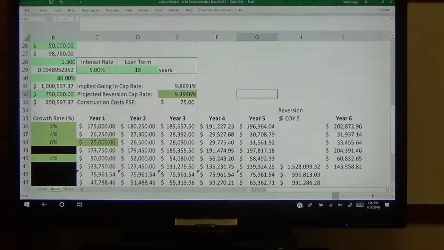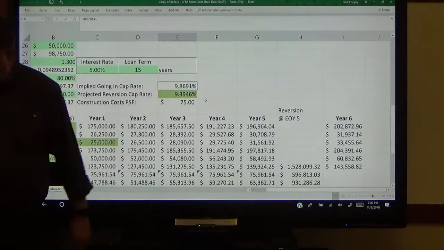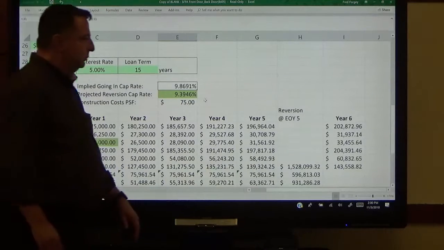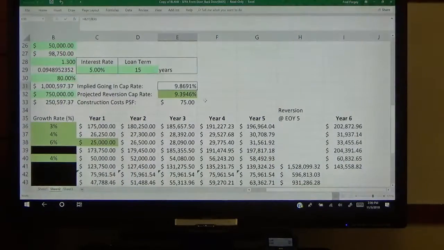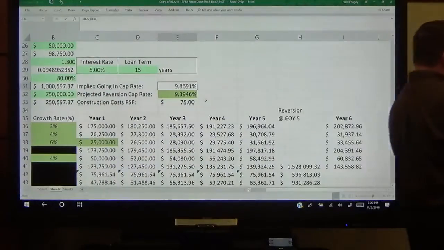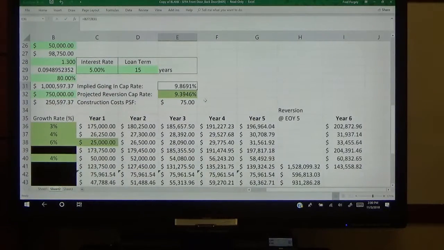A couple of things. Let's start with the implied going-in cap rate, 9.8691. If you remember, our good friend IRV: the R is the cap rate.